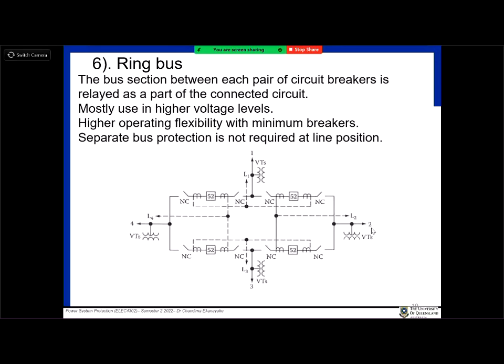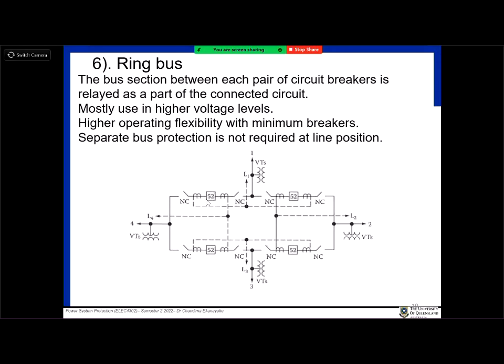The last one is called ring bus. Ring bus is also quite interesting. It's basically a ring. The bus looks like a ring, and between each node, again you will have a circuit breaker. It's very similar to the previous one, but ring buses are quite attractive because of their higher reliability and flexibility.